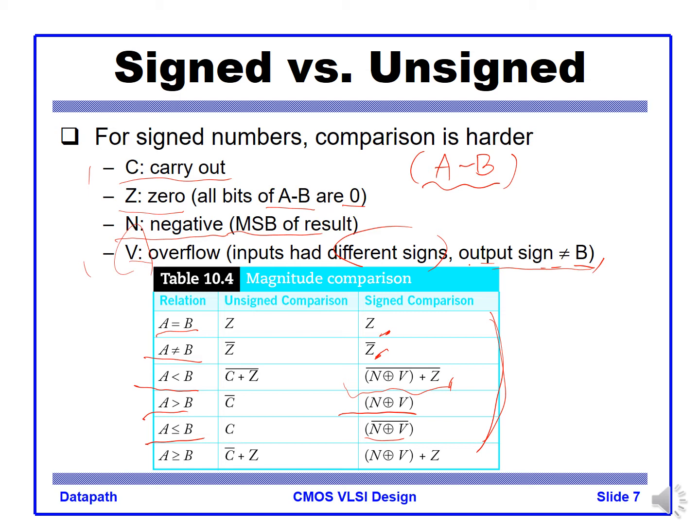As you can see, it's a little complicated for signed comparison. Signed means the inputs A and B are represented in two's complement, right? One number system, so the MSB represents the sign. In that case, we have to double check all these cases. I'm not going to go over this in detail, so you will just see how they work.